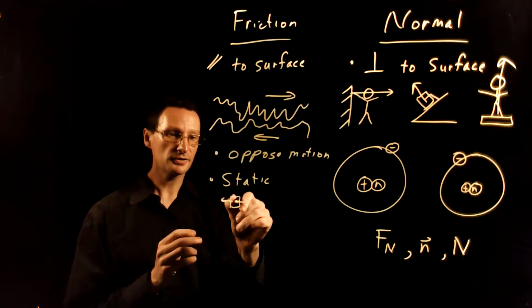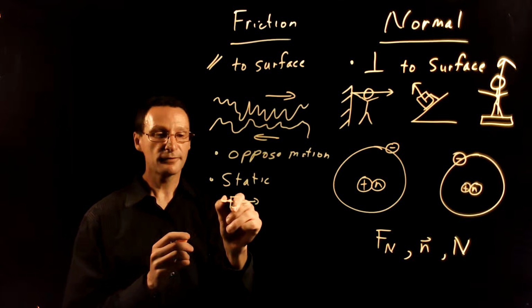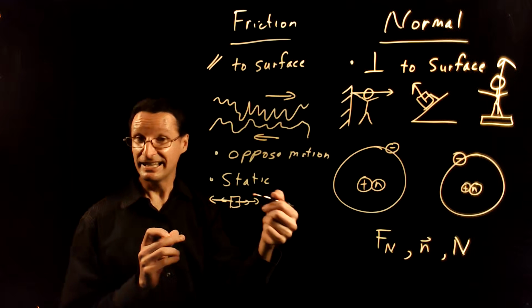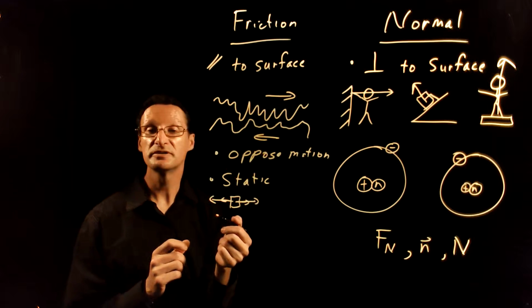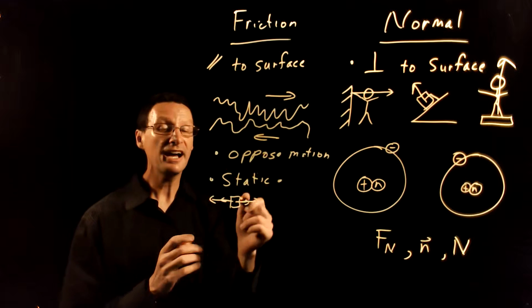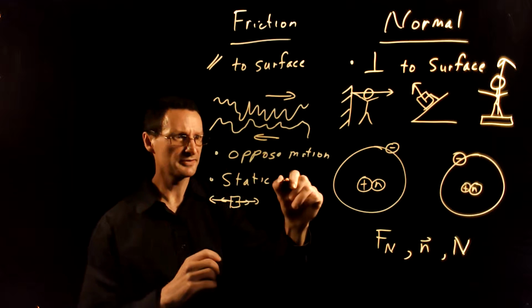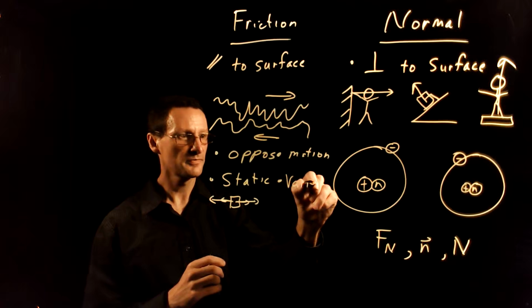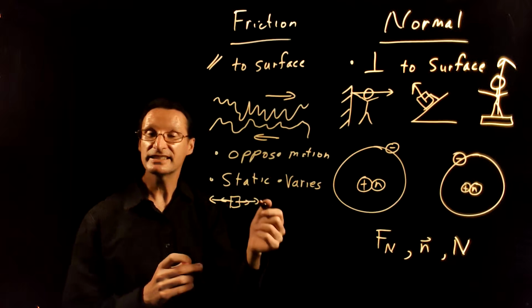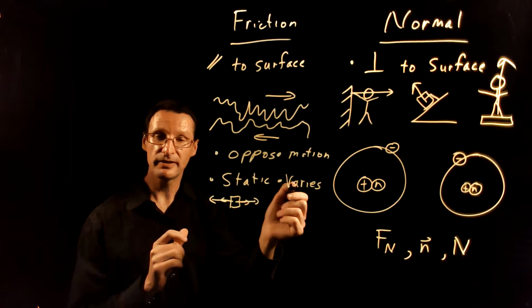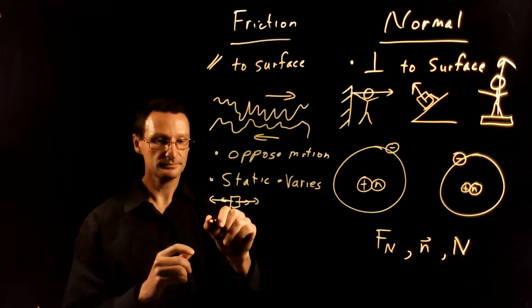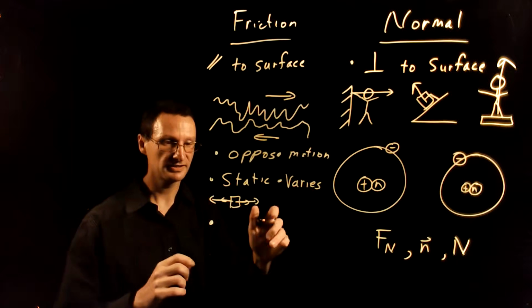If you push harder on the box, static friction will then push harder in the opposite direction, again to oppose the motion. So the strength of static friction varies. It will keep increasing whatever's needed to prevent motion up to a limit. And then it will start to slide.